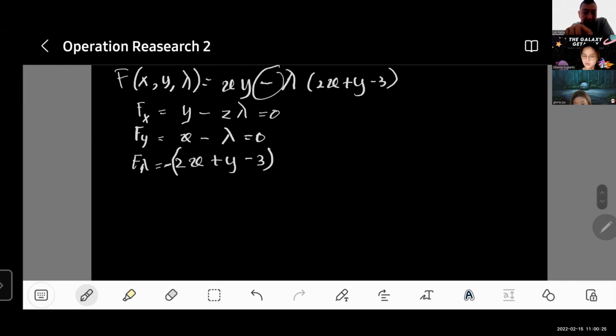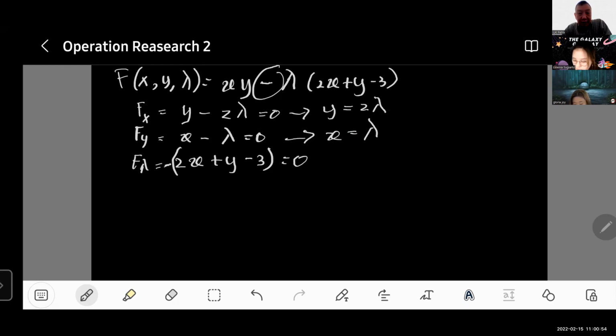F lambda is also equal to 0. Now you can solve for x, y, and lambda. We got it here: x equal to lambda, and y equal to lambda. And then for this one, we can substitute.